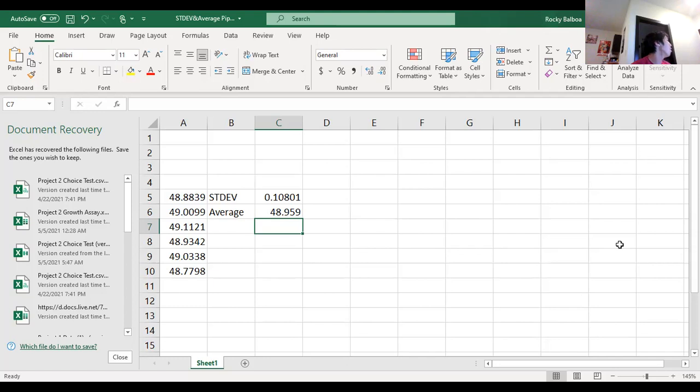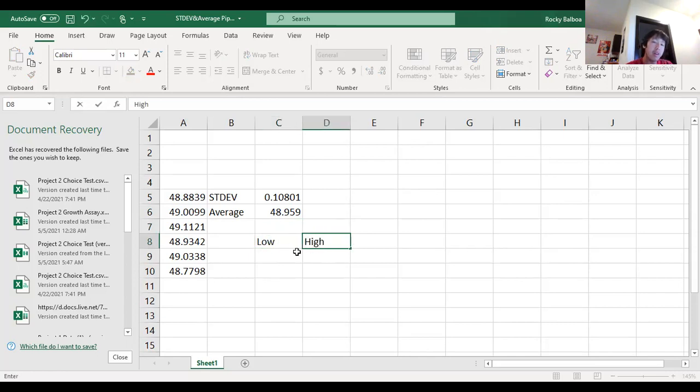We follow the empirical rule of standard deviations. 95% of the data will fall within 2 standard deviations of the mean. So we'll have our low end and our high.